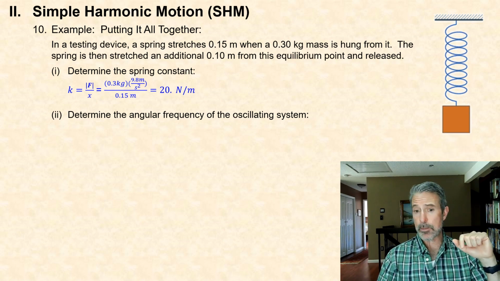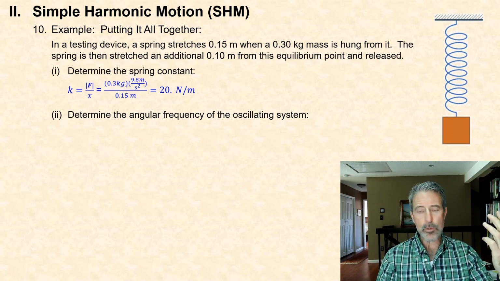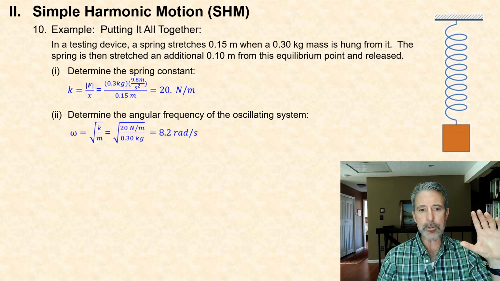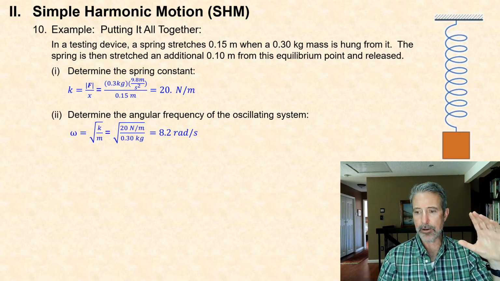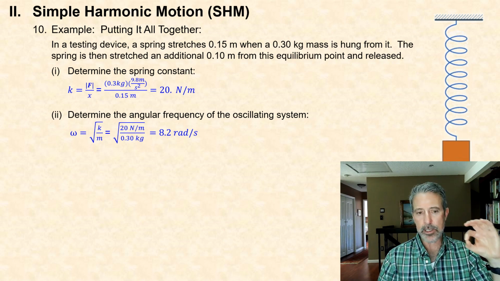Next, we're asked to determine the angular frequency of the oscillating system. Remember that for simple harmonic motion, there is a simple relationship between the angular frequency of the simple harmonic oscillator and the spring constant as well as mass, that omega goes like the square root of k over m.